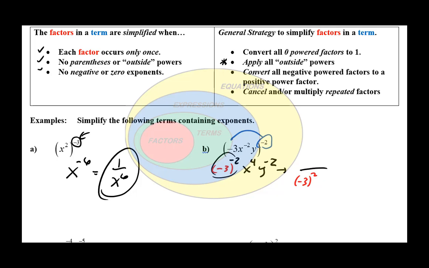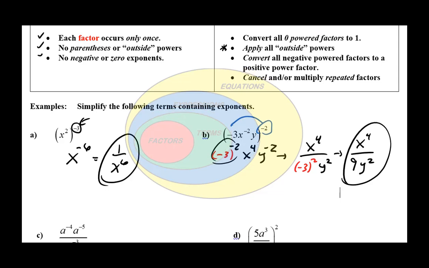X to the 4th would stay in the numerator, and y to the negative 2 would move to the denominator. So the last thing I'm going to do is just evaluate negative 3 squared. So I'd end up with x to the 4th over positive 9y squared.